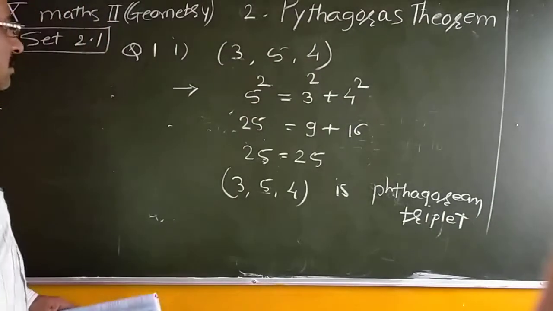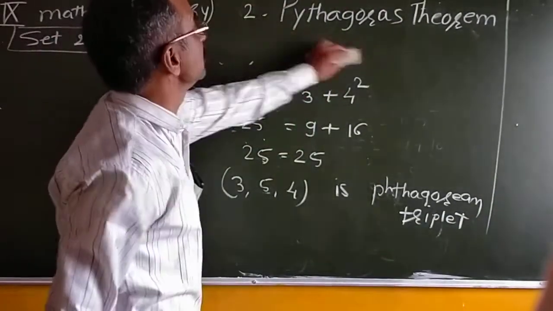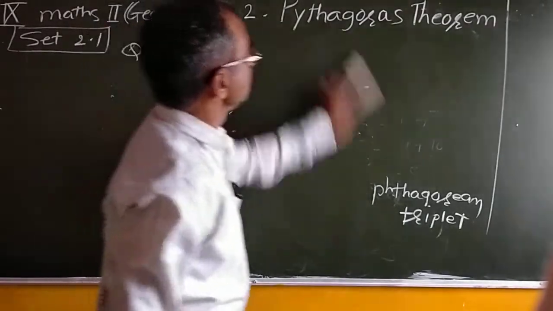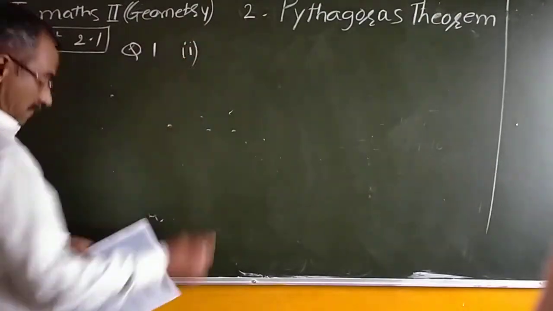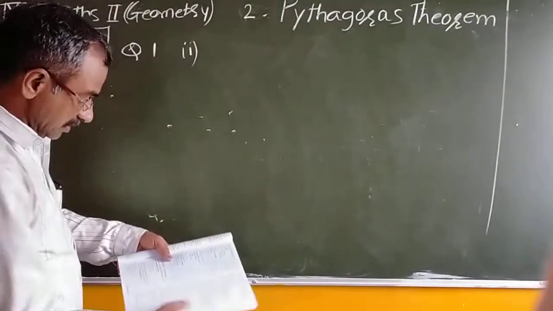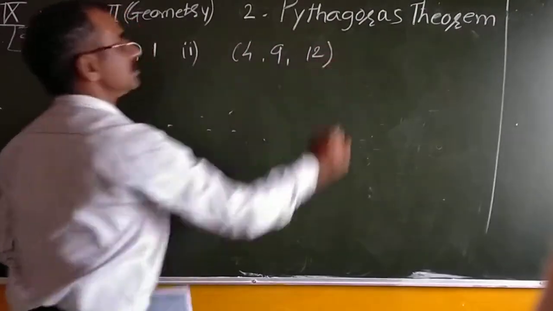Similarly, in a similar manner, we are solving the second sum. The next triplet given is 4, 9 and 12.